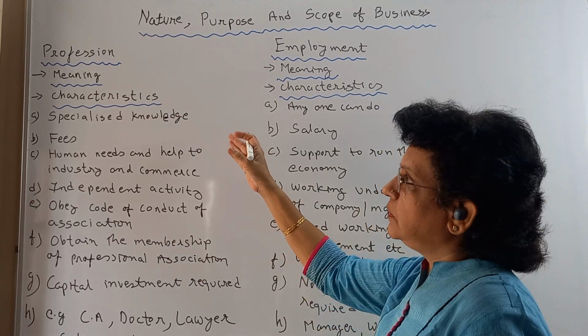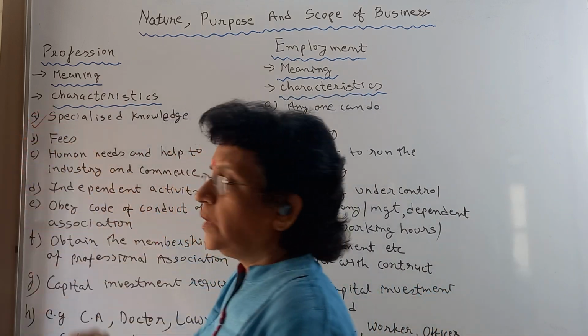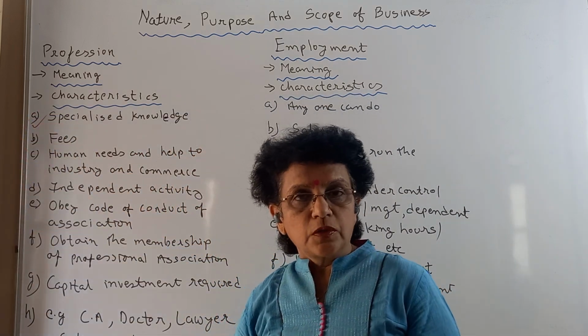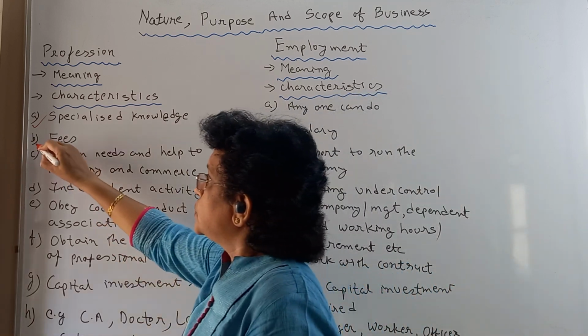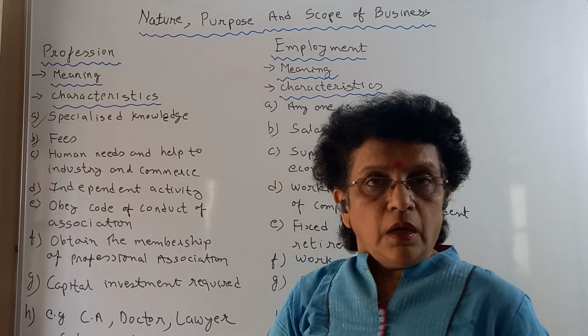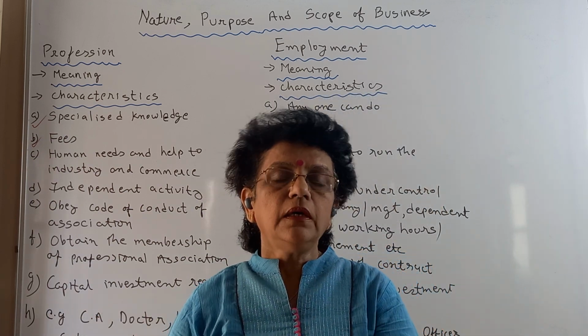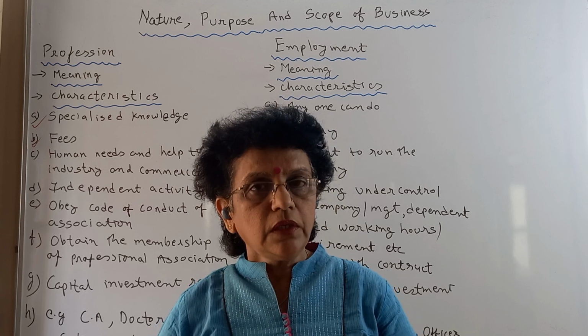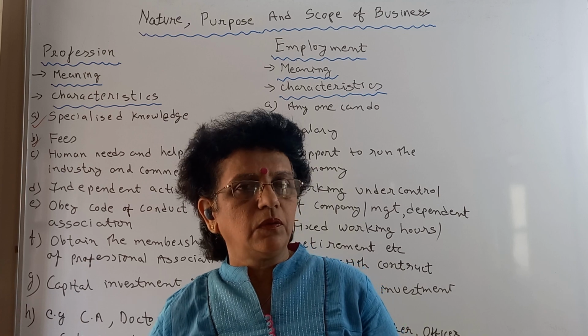Very special knowledge required is the first characteristic, that you have to have a professional degree so that you can be called a professional. They are going to charge fees. As they are professionals, they work differently with different clients. They put more effort for a particular client, less effort for another client.